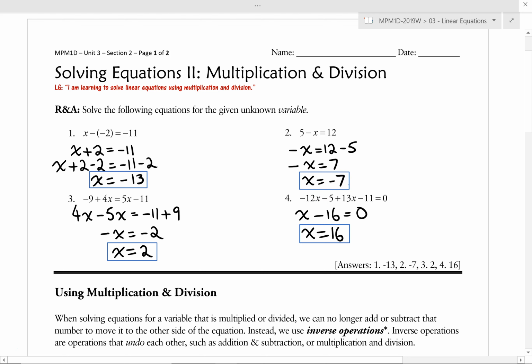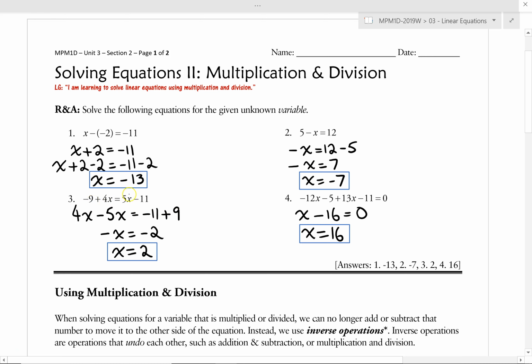For number 3, we have variables and numbers, constants, linear terms and constants on both sides of the equation. So it's a matter of moving both 4x and 5x to the same side, to the left in this case, which is the side I've chosen, and moving minus 9 over to the right side with negative 11. And of course, when we add 9 to both sides, it becomes positive over here and cancels on the left.